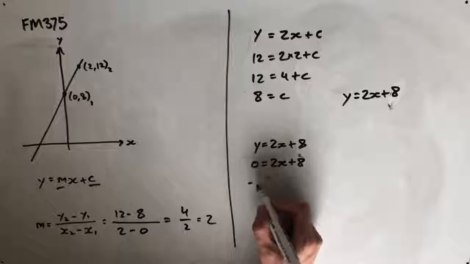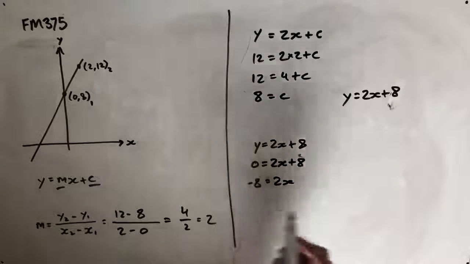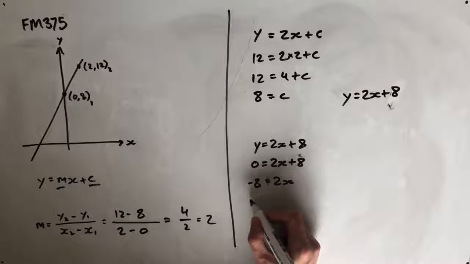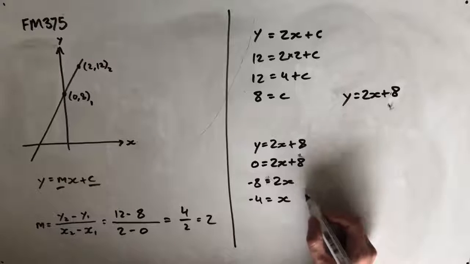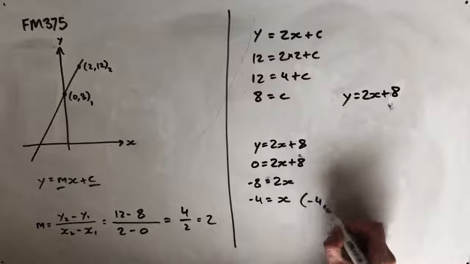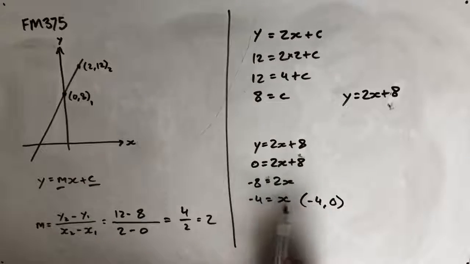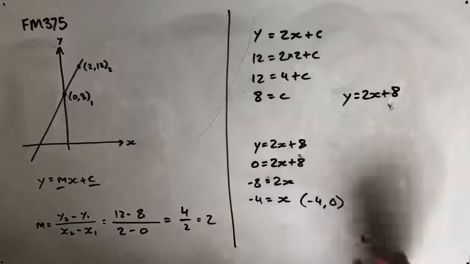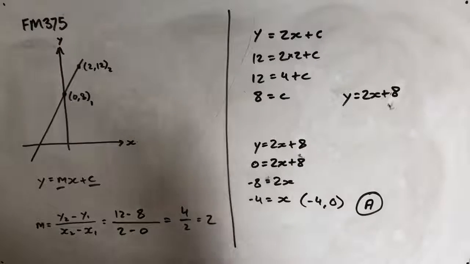Subtracting 8 from both sides, we end up with negative 8 equals 2x. Dividing both sides now by 2, I end up with negative 4 equals x, which means that the coordinate is going to be (negative 4, 0), considering I put 0 in for the y and then it dropped out an x value of negative 4. Of course, this is going to mean that we end up on option A.